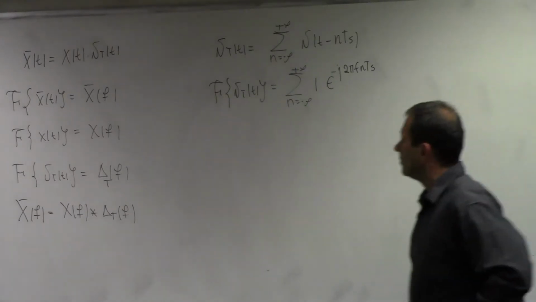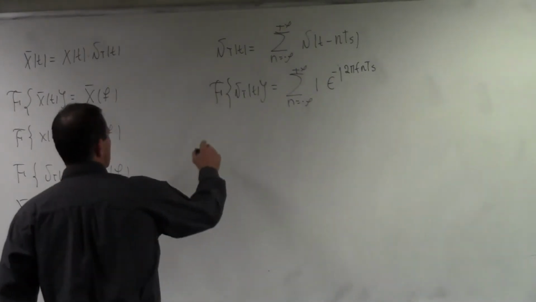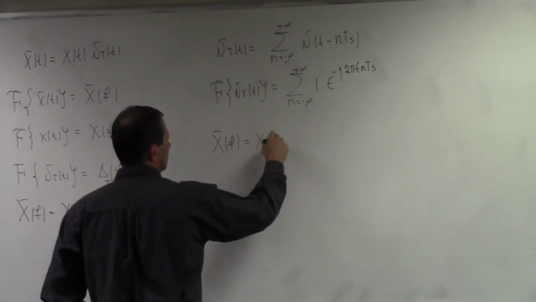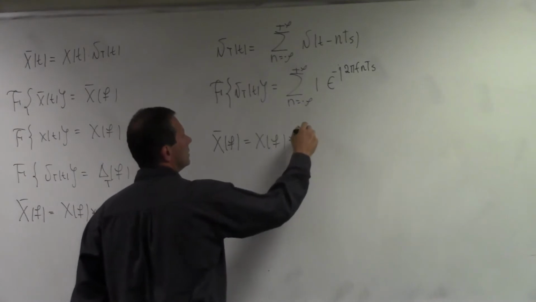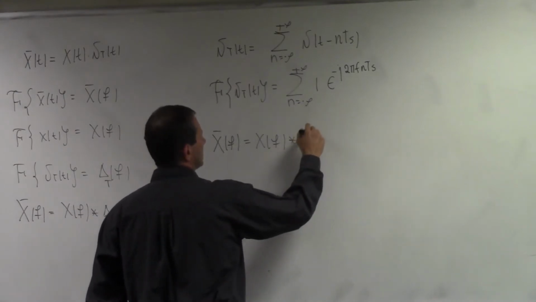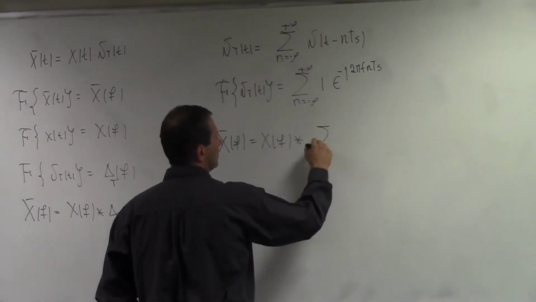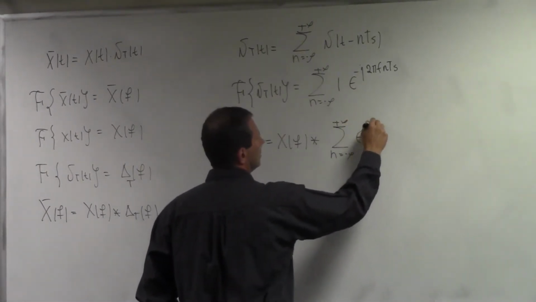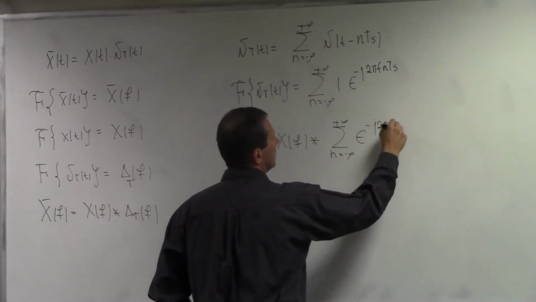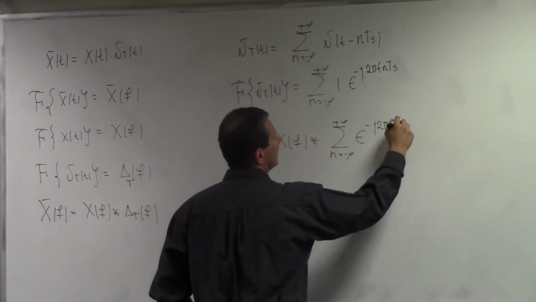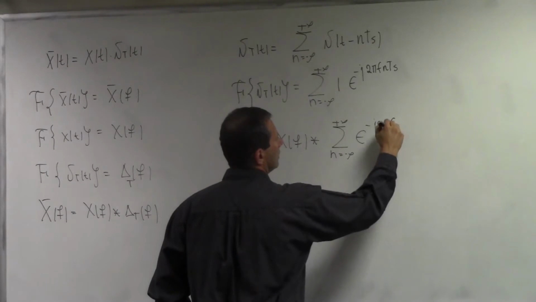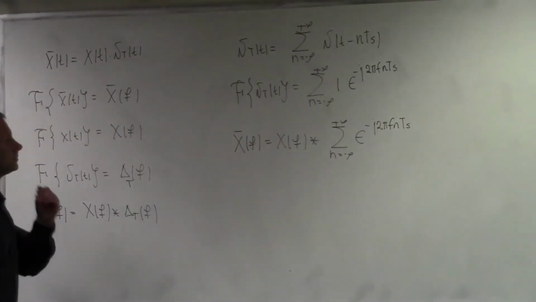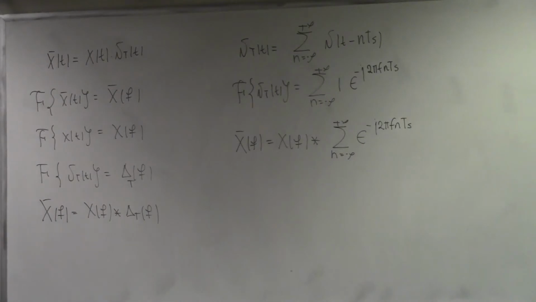So now what I know is that X hat of f is equal to X of f convolved with this sum, n from minus infinity to plus infinity, of e to the minus j 2 pi f n Ts. So can we get something out of this?